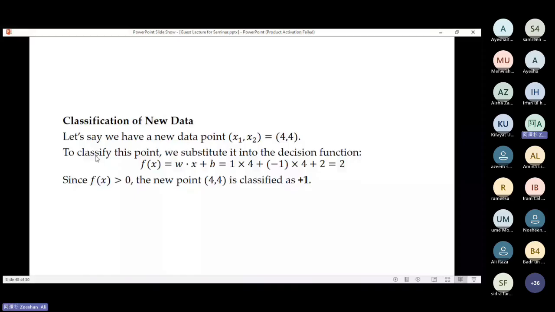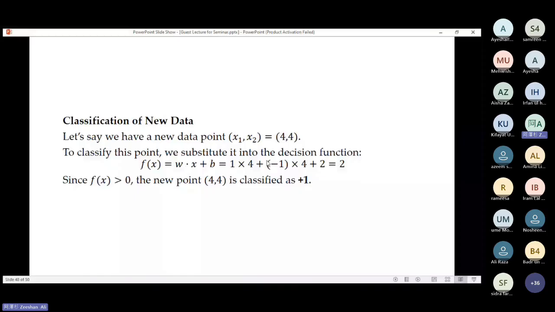To classify this point, we substitute it into the decision function, f of x equal to wx plus b. But in general, if we have more than two or three dimensions, we apply a summation, i from 1 up to n, wi xi plus b. But we have two features, so we have w1 x1 plus w2 x2 plus b. This is the value of w1 and this is the value of x1.